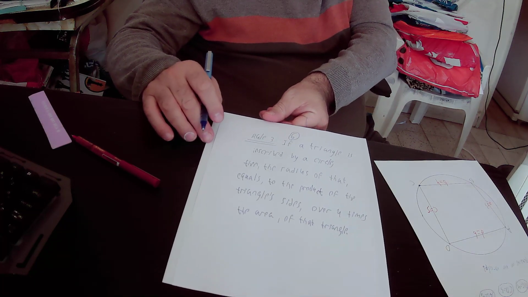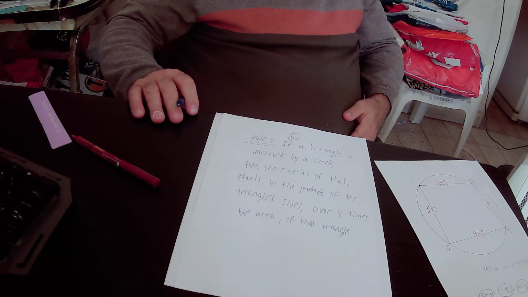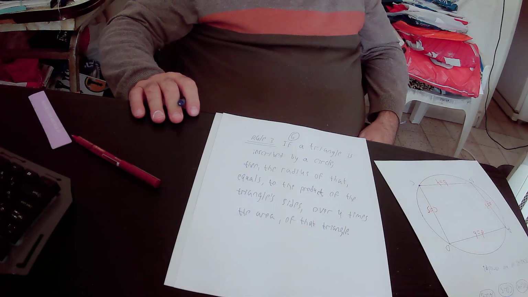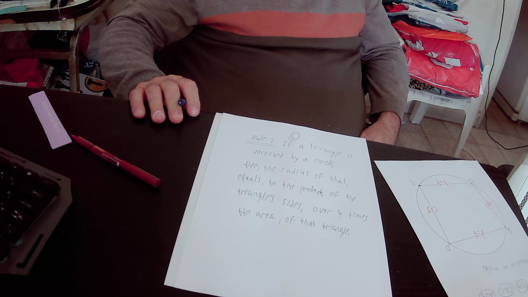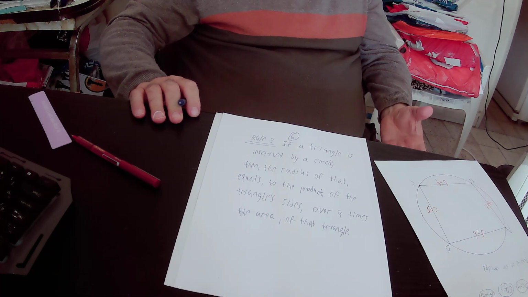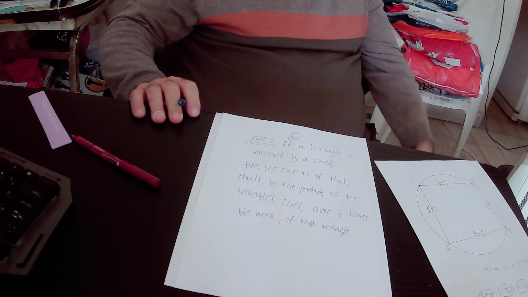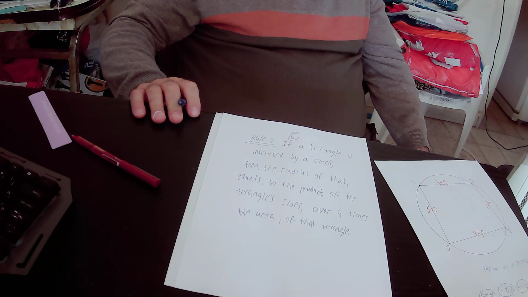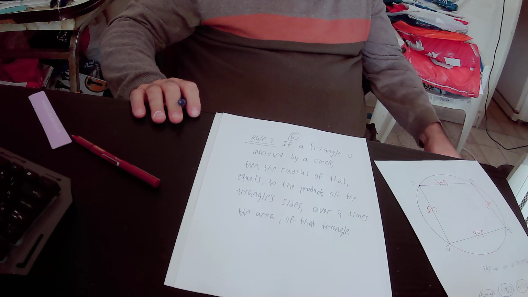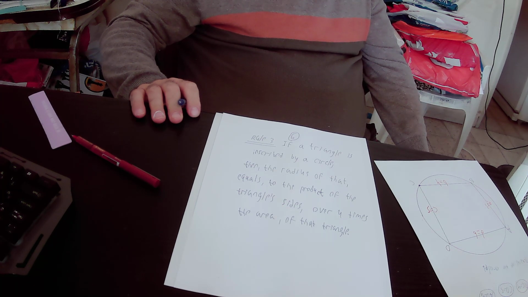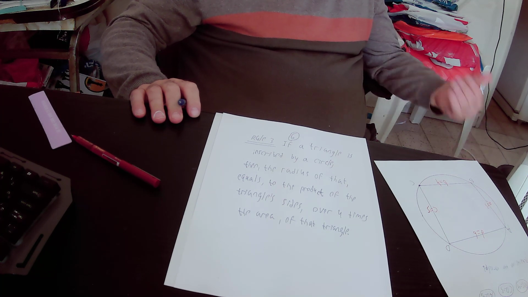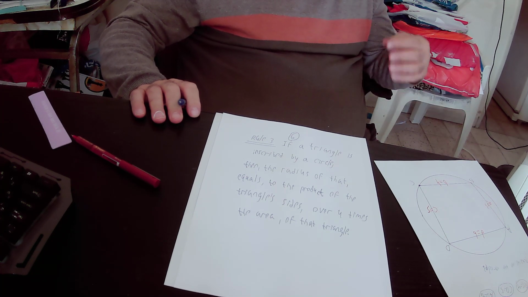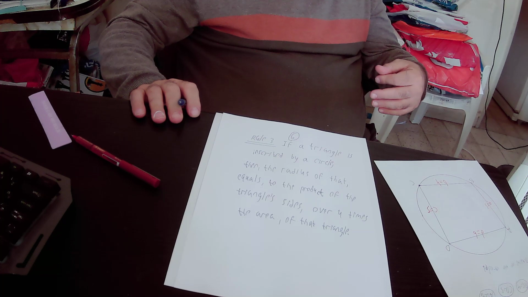Rule number 3 states that if a triangle is inscribed by a circle, then the radius of that circle that blocks the triangle equals to the product of the triangle's sides over 4 times the area of that triangle that is inscribed by the circle.